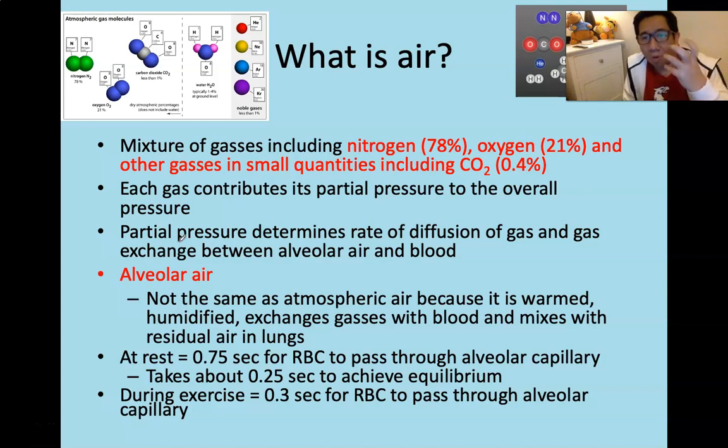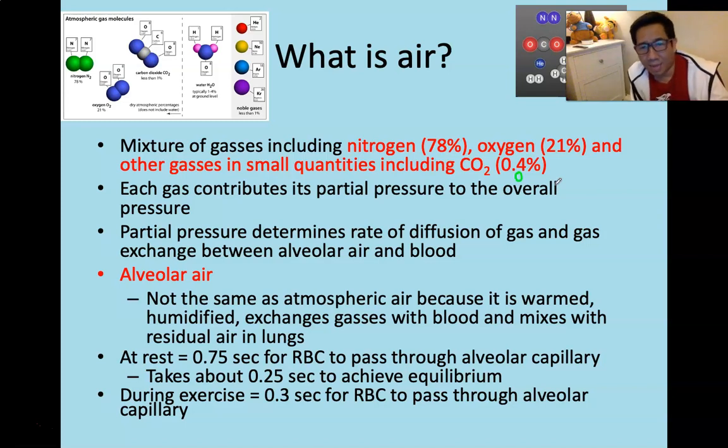You breathe in a whole bunch of gases. You have nitrogen, you have oxygen, you have other gases. CO2 is made up of about 0.04, actually, I'm dropping a 0, it should be another 0 here, so 0.04% of the gas in the air. Okay, the majority is nitrogen.